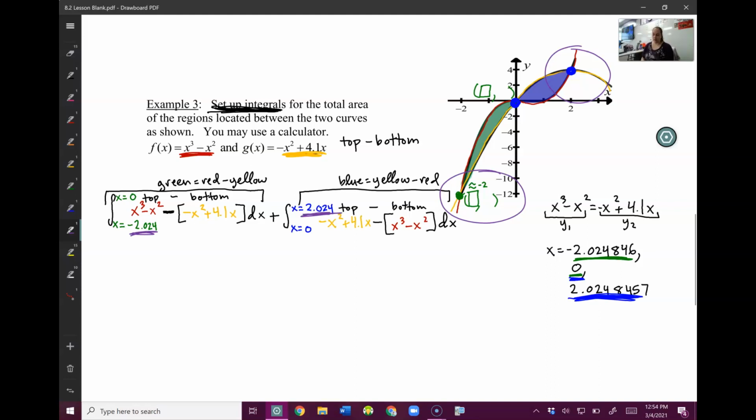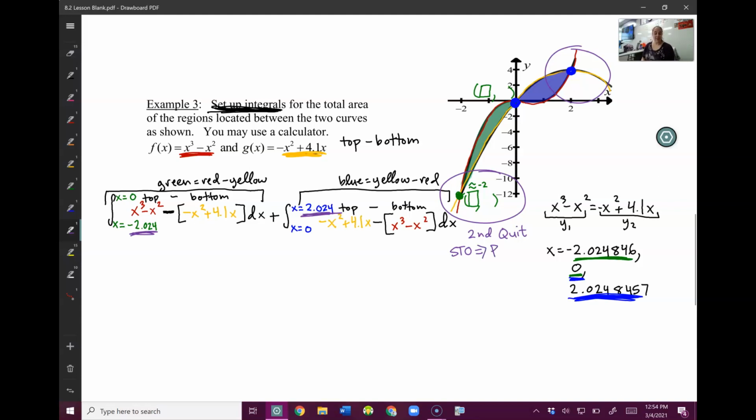So when you find this intersection point on your calculator, you're going to want to hit second, quit to go back to the main screen, and then you're going to hit your store button. And that store button will automatically take this first point that you just found the intersection for, and you want to store it as a letter.